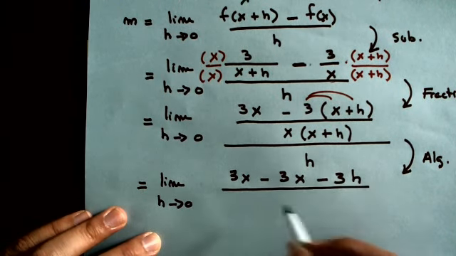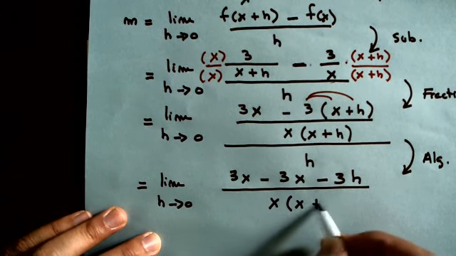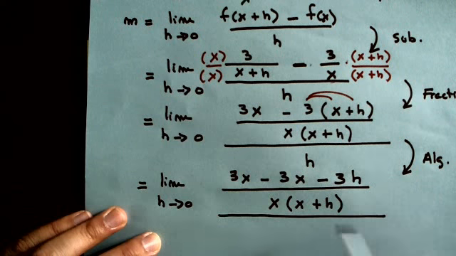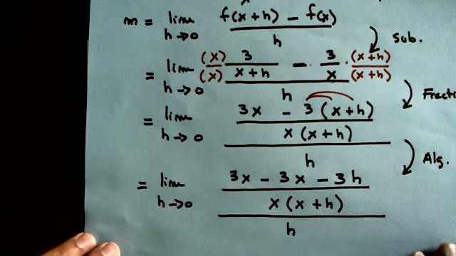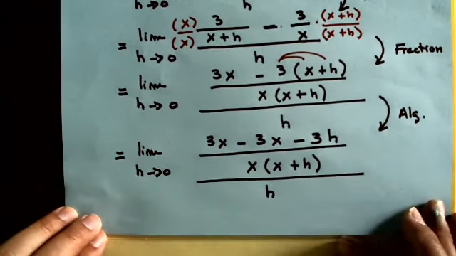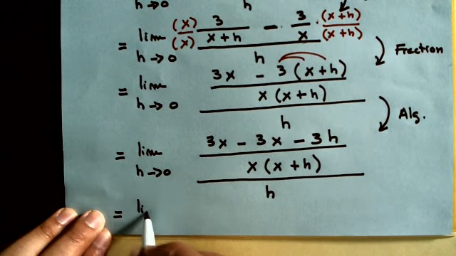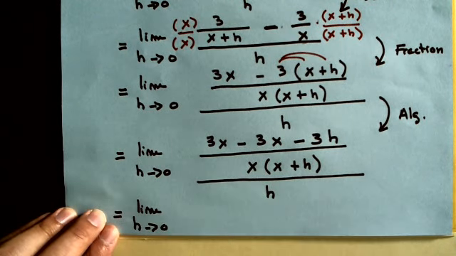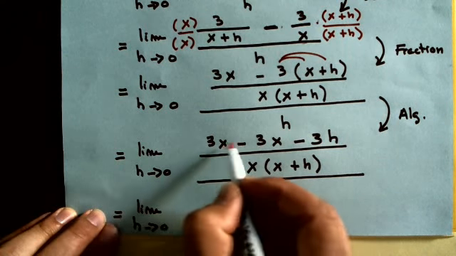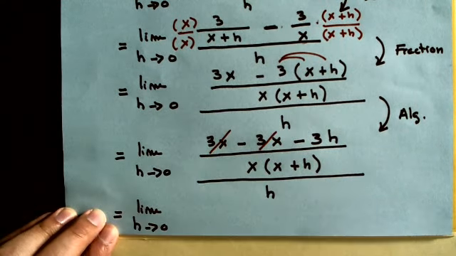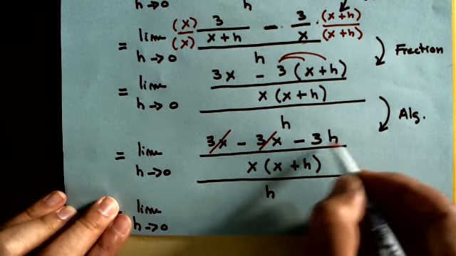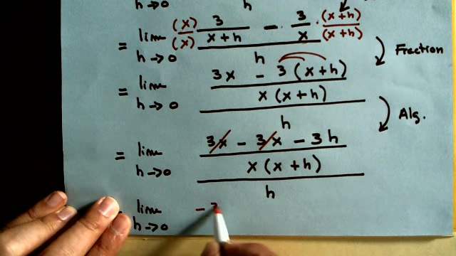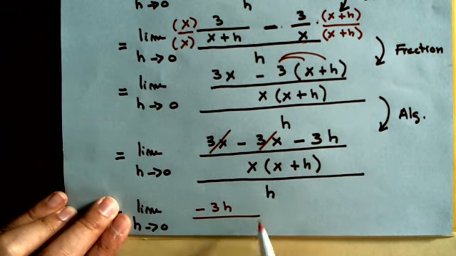At the bottom we have x times x plus h, and an h again. Now, the limit as h approaches 0: 3x minus 3x cancels out, and we're left with minus 3h on top.